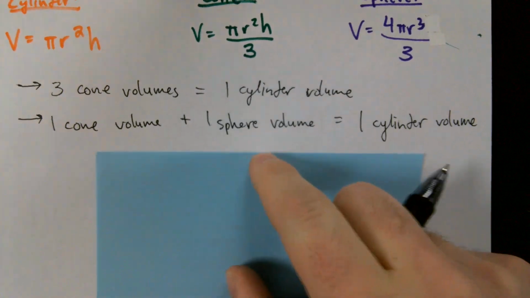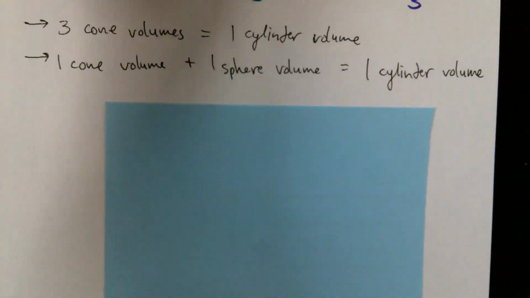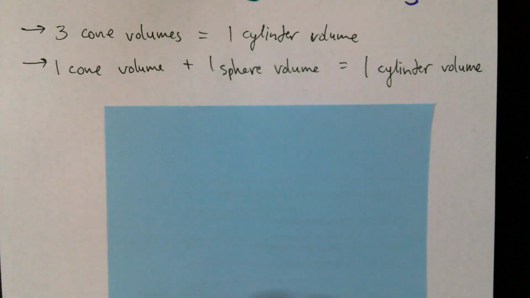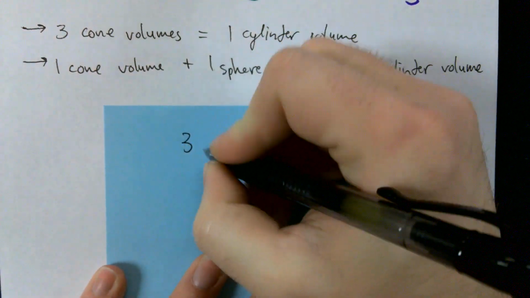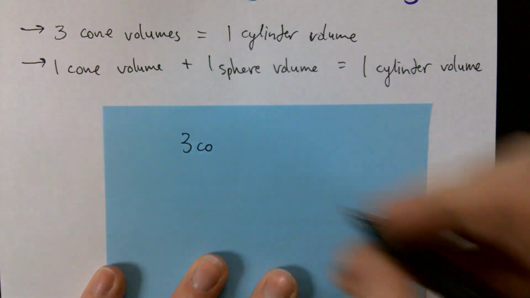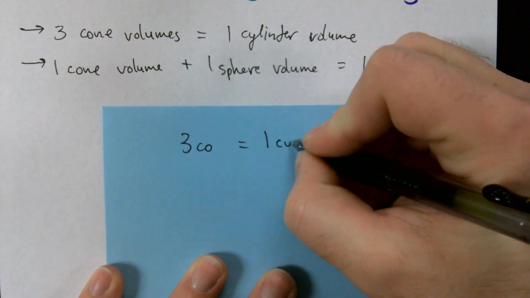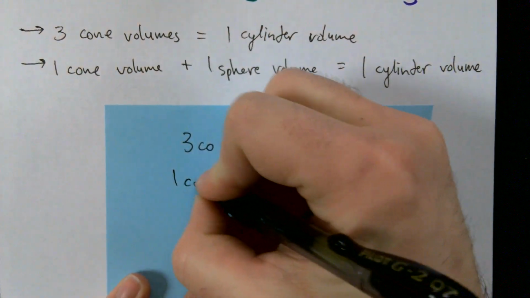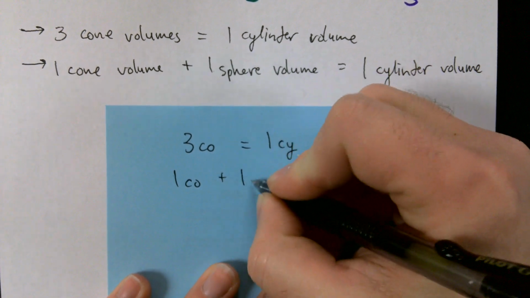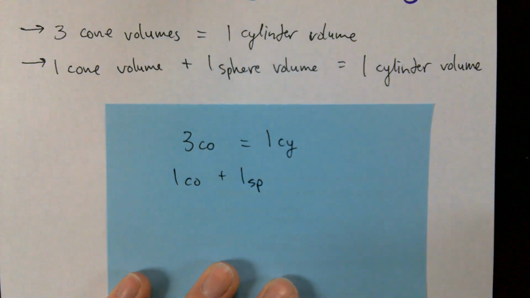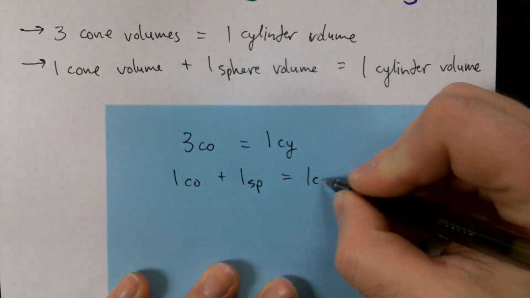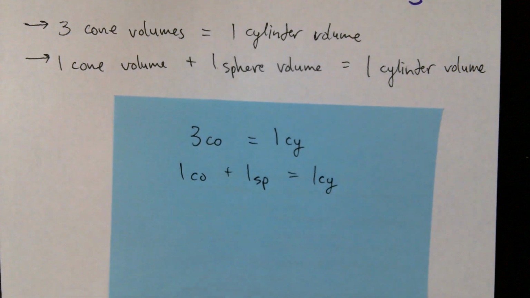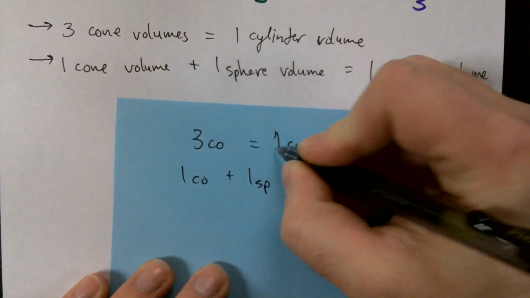You're right. Let's break down exactly what Azalea just said. We can think of this kind of like a system of equations. 3, I'm going to say CO for cones, is equal to 1 CY for cylinders. 1 CO plus 1 SP for sphere is equal to 1 cylinder. I should probably make my ones look a little bit better.